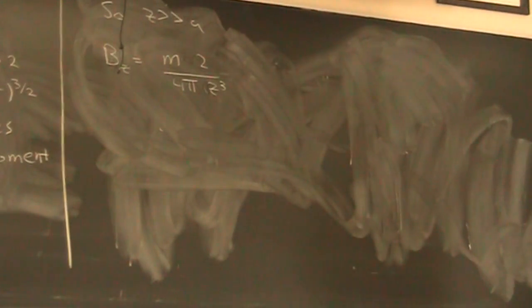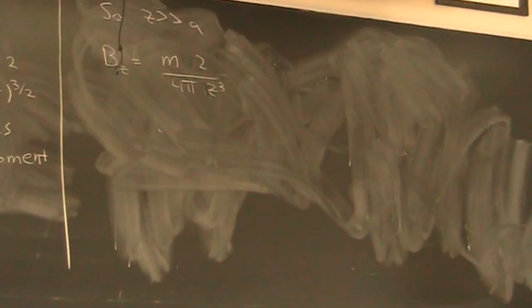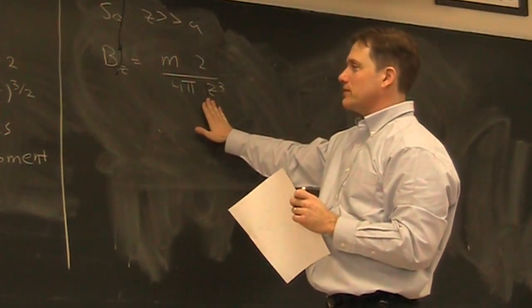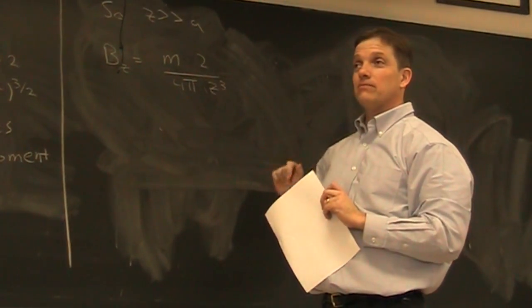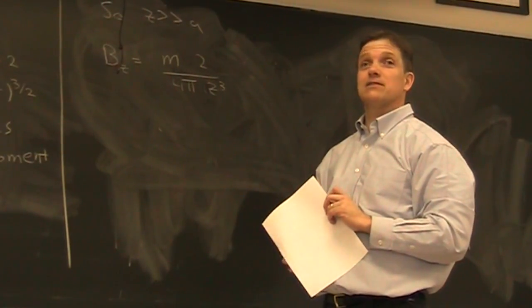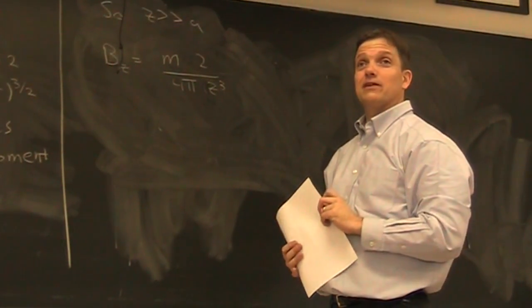So there's a factor 2 there. That maybe seems surprising, I don't know. So it's 2 over 4 pi z cubed, but it shouldn't be surprising because the formula for the magnetic field from a magnetic dipole is the same as the electric field from an electric dipole.